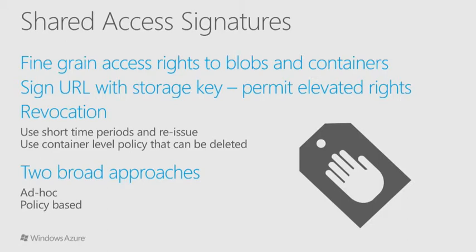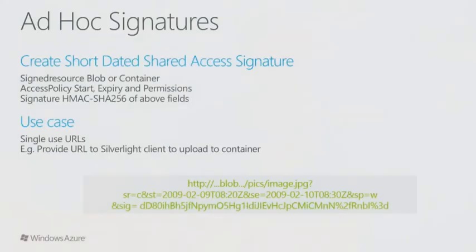I can revoke those, I can send them out, and there's 2 broad approaches to do that, right? One is ad hoc based and one is policy based, right? So I can say this is a broad policy, you always have access to this container, or I can say, you know, you very specifically have access to this file, this blob. So we can basically go through and create those short time-limited signatures, right?